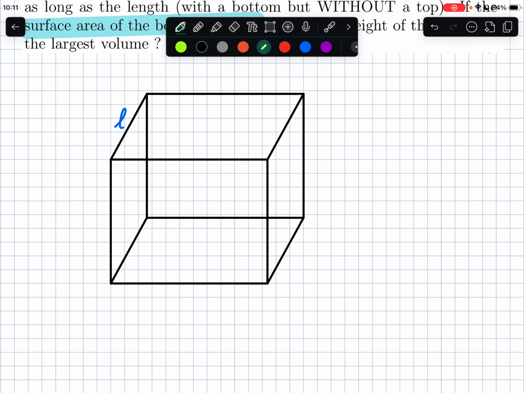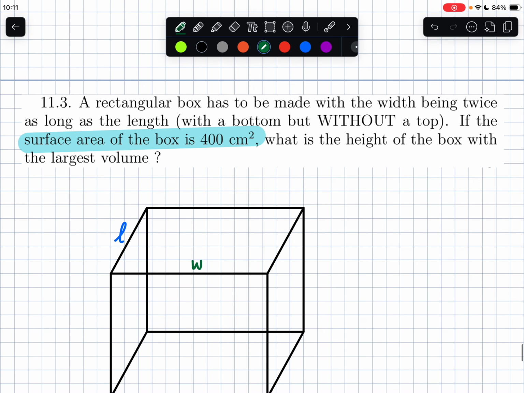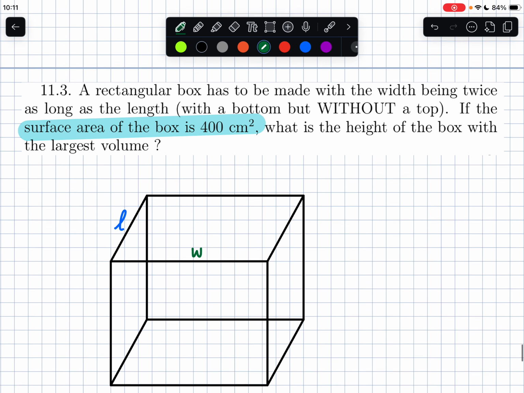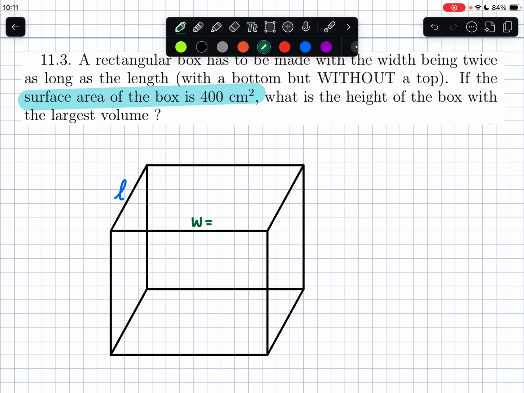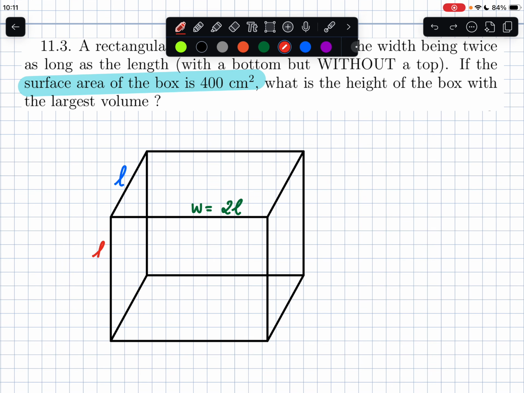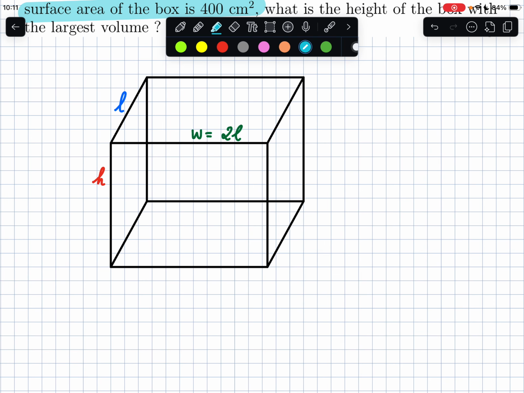The width, they give us, is twice as long as the length. Then the height. Now we need to compute the surface areas. You have the surface area of the bottom here. It is a rectangle, so this side is the width, this side is the length.